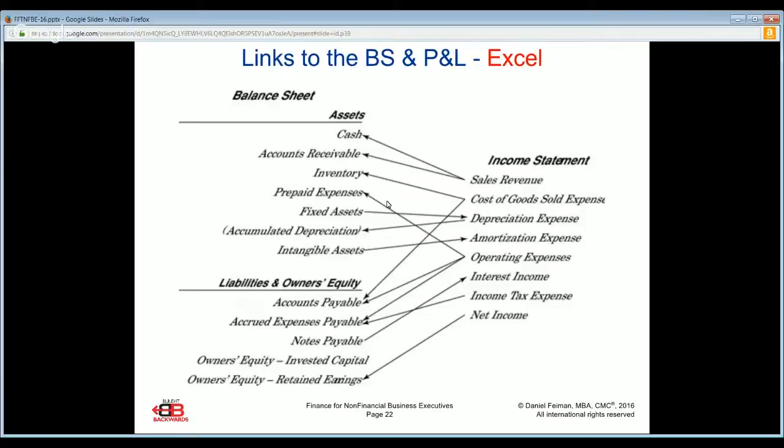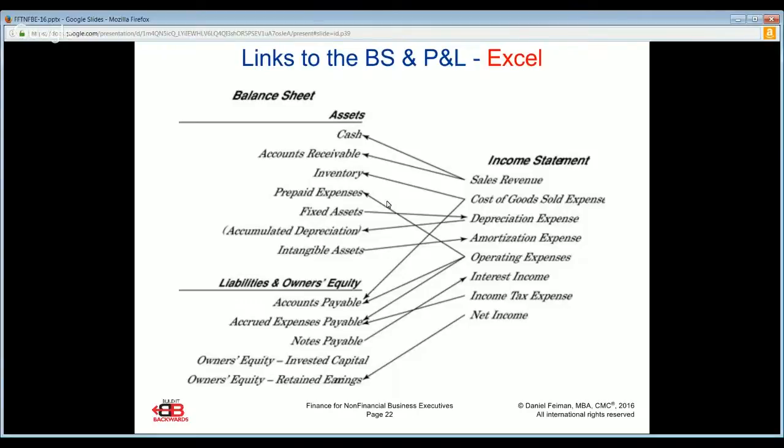Some of the sales that we have made won't be collected yet. So on the balance sheet, you'll see an accounts receivable. The cost of goods sold, and as we dive into the income statement, we'll get into this in more detail, is going to be directly related from the income statement back to the inventory account on the balance sheet, etc.